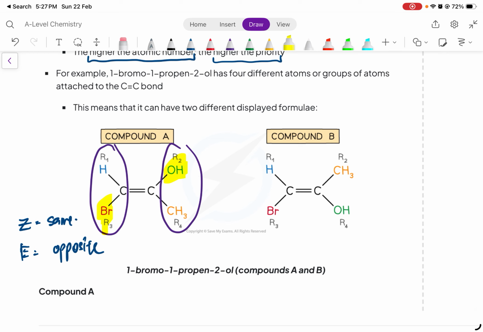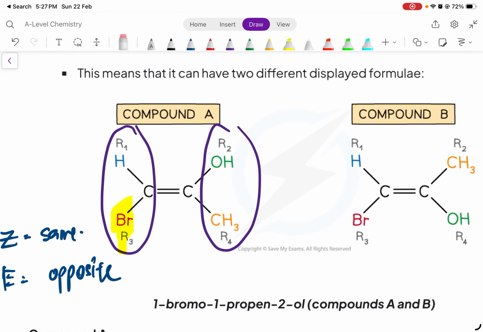When we are comparing, we look first point by first point. Now, how can I know if it's the same or different? Since the higher priority groups are on opposite sides, it's E.